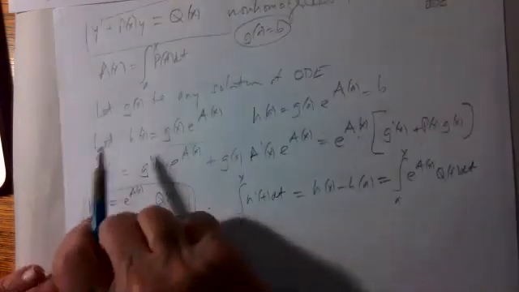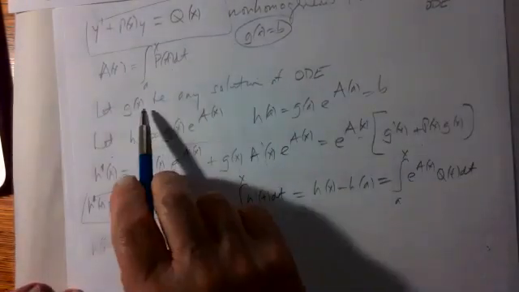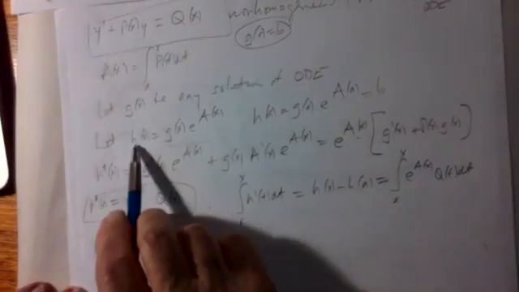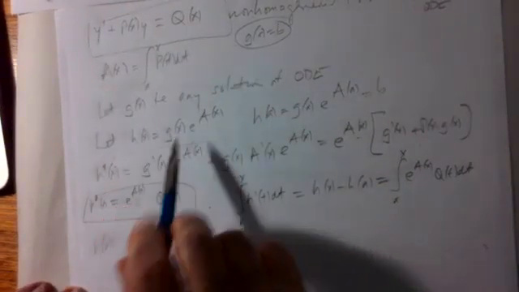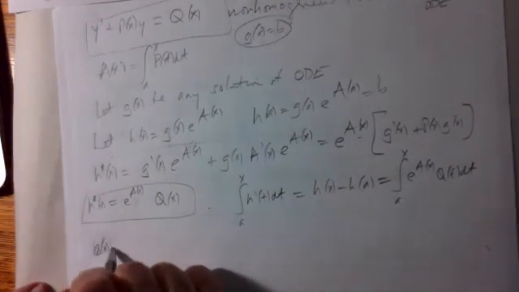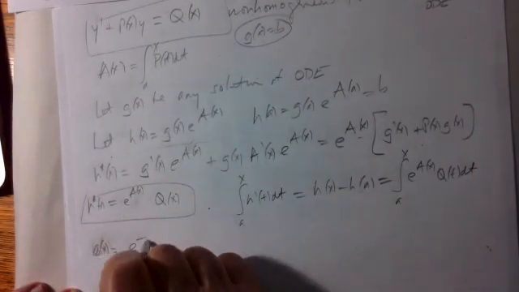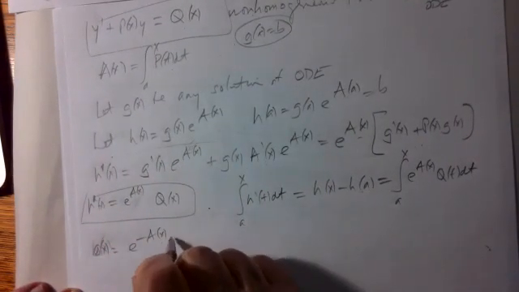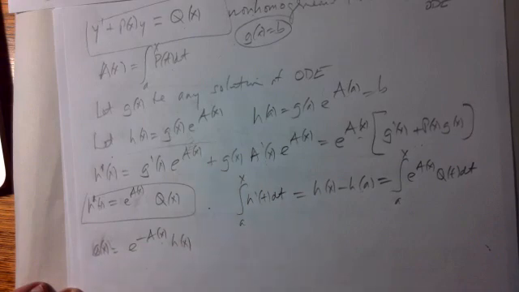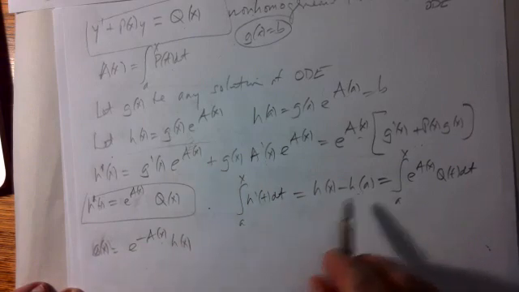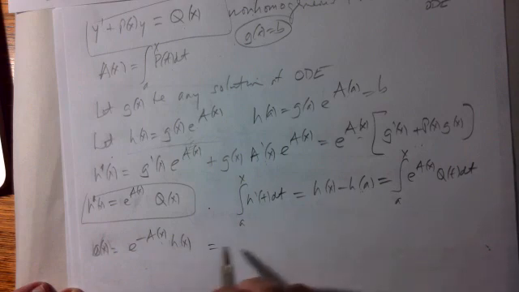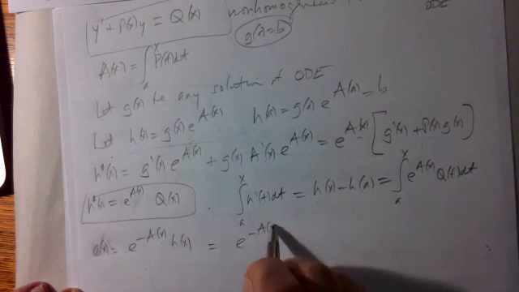let me write it differently. So if g of x is any solution, and we let h of x be equal to this, then g of x, if I multiply by e to the minus A of x, is h of x. What is h of x?